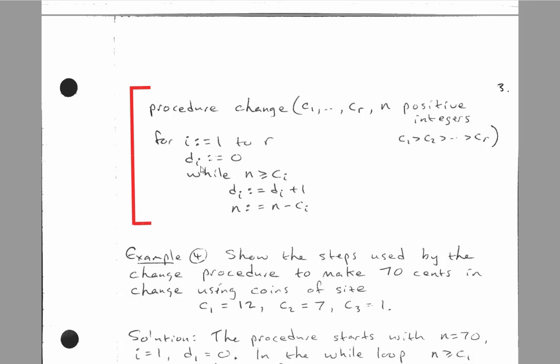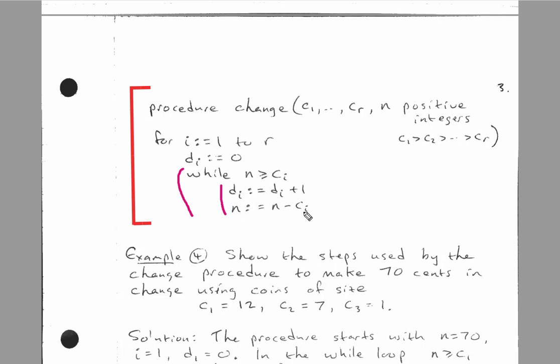So when I is 1, D1 is going to keep track of how many of these C1 coins we need. We're using a while loop: while n is greater than or equal to C1. n is going to be the amount of change left to put into coins. So while n is at least the size of this C1 coin, then do this.